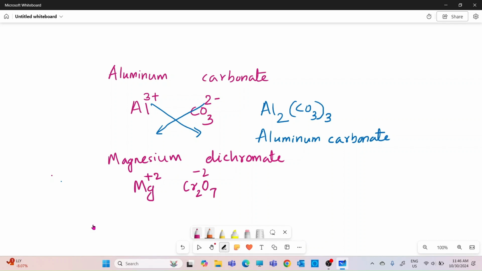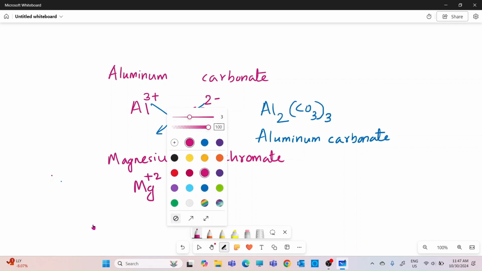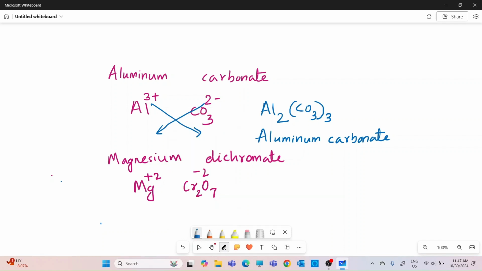Now we are going to do the crisscross method to find how many of each are needed. This one is 2, so we bring that down here. This one is also 2. Forget about the charge, as always we don't need the charges, only the magnitude is needed.